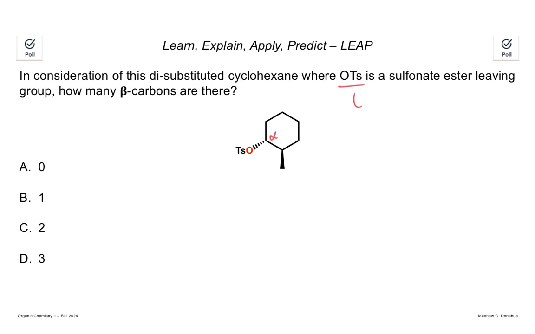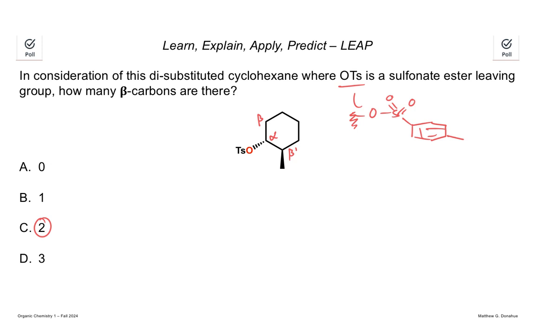So just as a review, OTs means that. So that's the leaving group. We said there were 2 beta carbons.